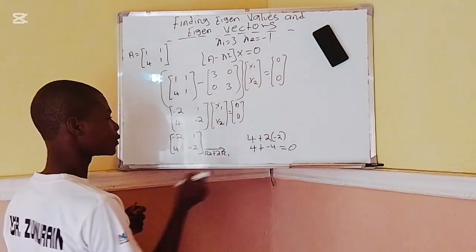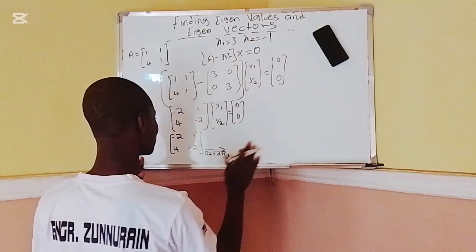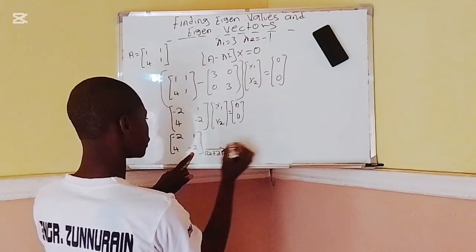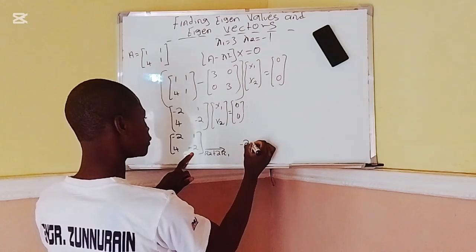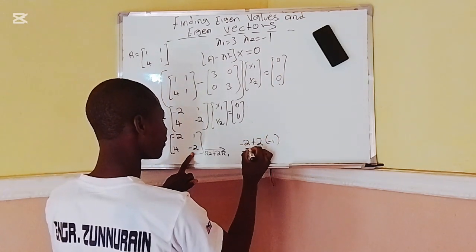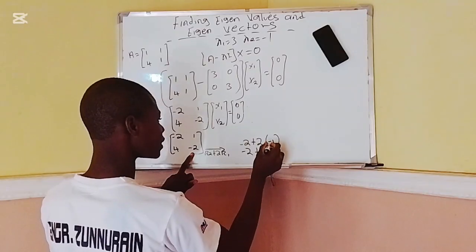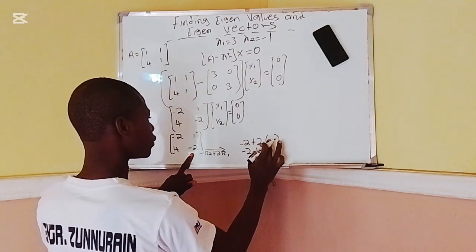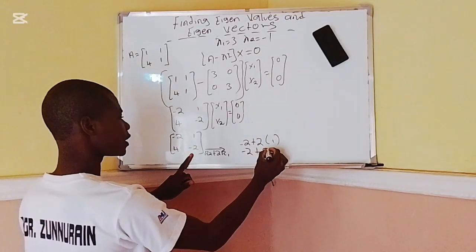So what of the second row? Row 2 is negative 2 plus 2 row 1, 2 multiplied by row 1. Sorry, row 1 is positive 1, it will give me 2.